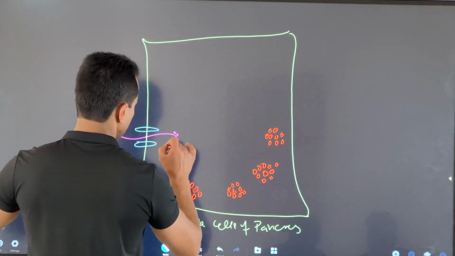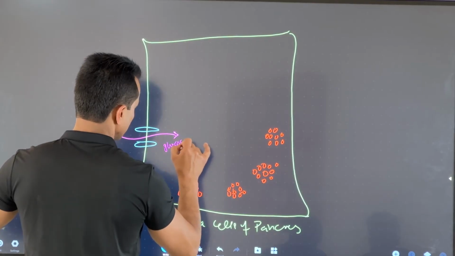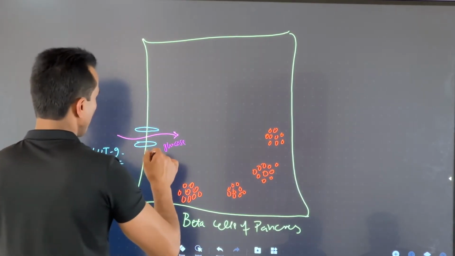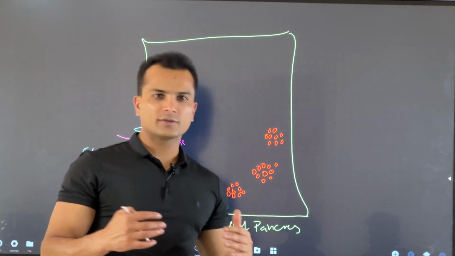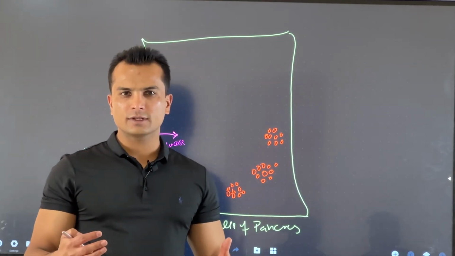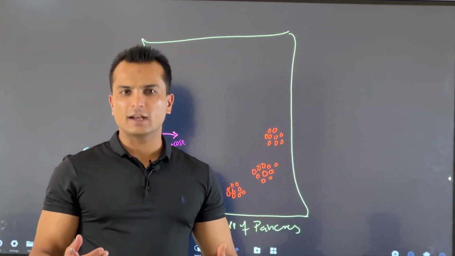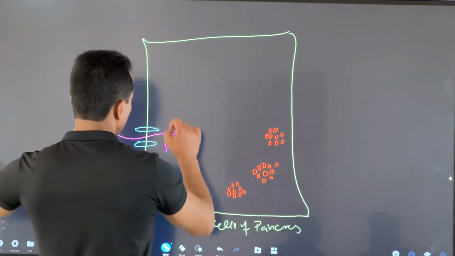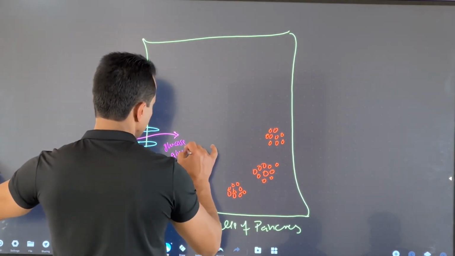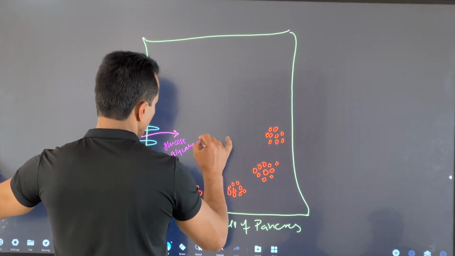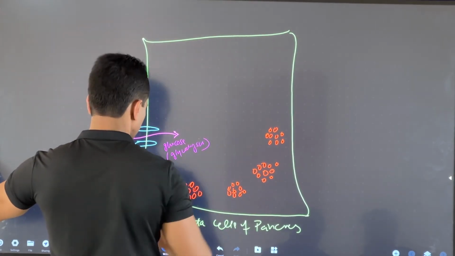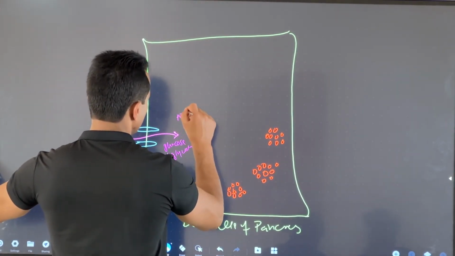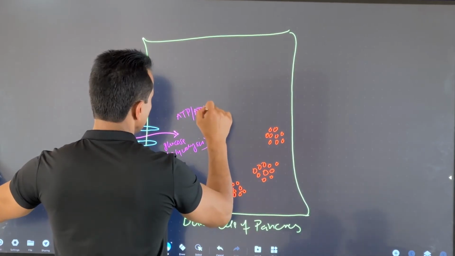So glucose entering into the pancreatic beta cell, in the cytoplasm there will be glycolysis. So glycolysis will occur, and the ratio of ATP to ADP is increased.